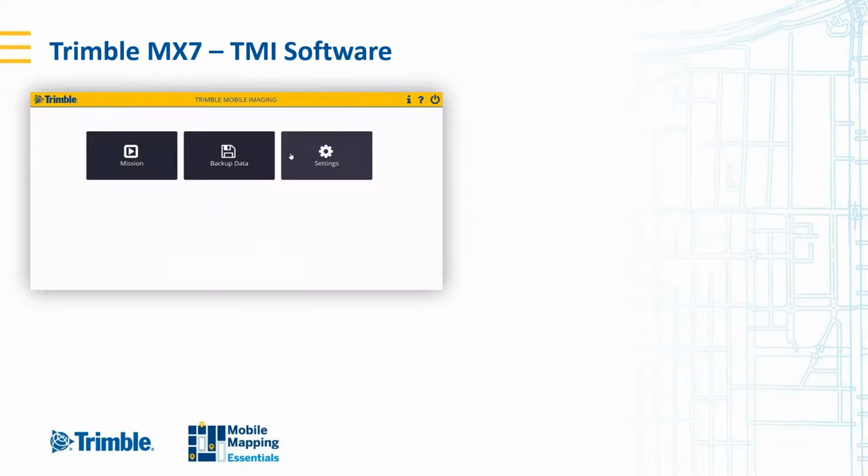So we connect using a web browser to the MX7 from our tablet, and this runs something called TMI, which is our operating software. It basically has three main menus. One is settings.